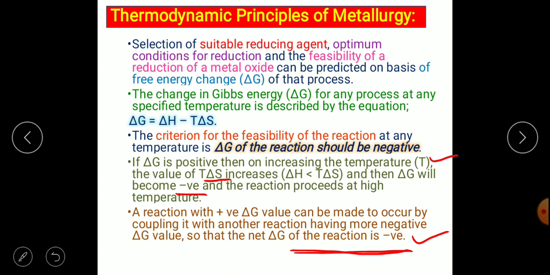Free energy is a thermodynamic potential which can be used to calculate the maximum reversible work that may be performed by a thermodynamic system at a constant temperature and pressure. So the ease of the reaction will be shown. Delta G of the reaction should be negative here.